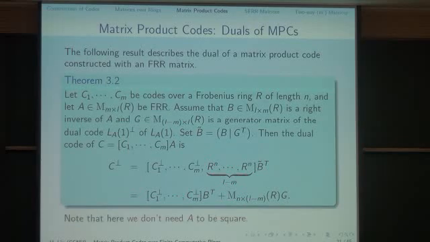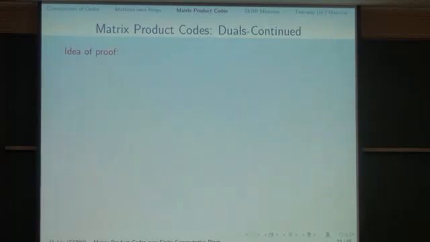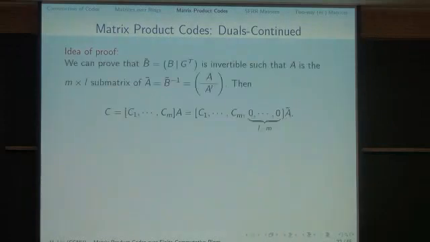Here we note that we don't need A to be square. That is, M may equal L, or M may not equal L, it is also okay. The proof is that we can prove that this matrix is invertible, and A is the M times L submatrix of the inverse of this matrix, the first M rows.